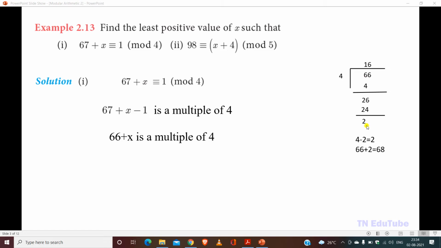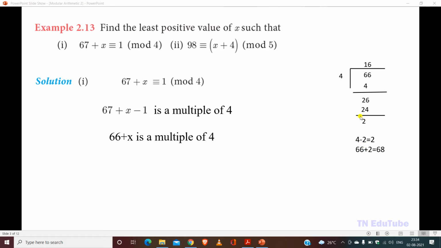So you get the remainder 2, isn't it? Remainder 2 means the divisor minus the remainder, again 2, you get. So when you add 66 plus 2, you get 68. 68 is a multiple of 4. So the least positive value.